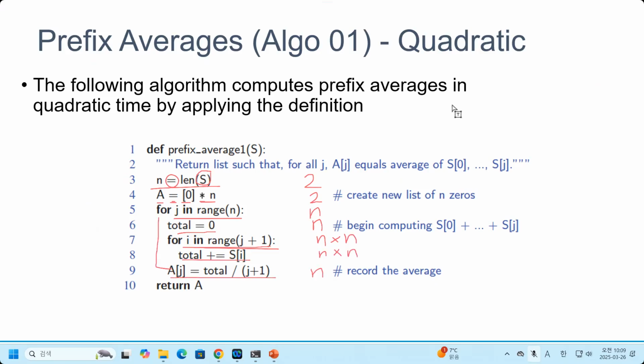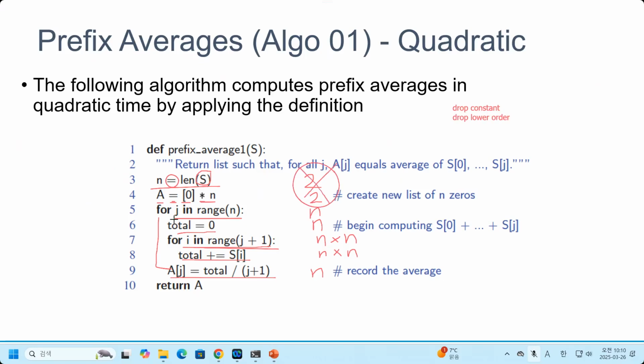Based on the rules, we can just drop the constants and drop the lower order terms. What is the constant? This is a constant, we can drop.